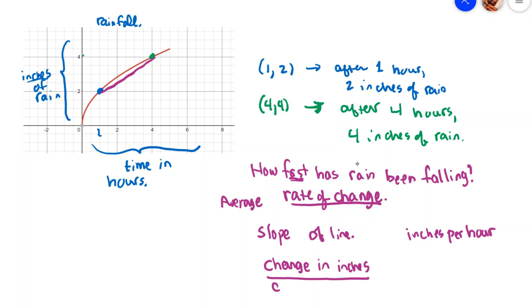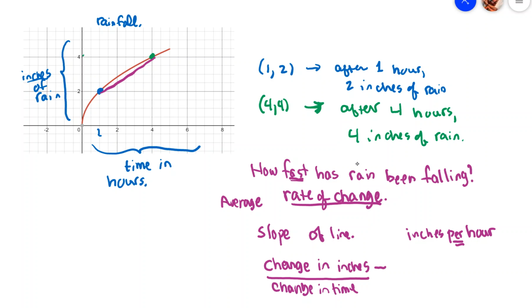Over our change in time. The word per means divide. If you think about miles per gallon in your car, you take the miles that you've driven and divide by the gallons that you've put in your car. So that per is telling you to divide.